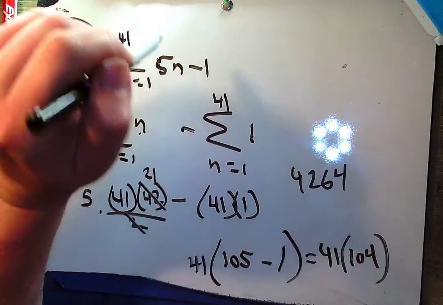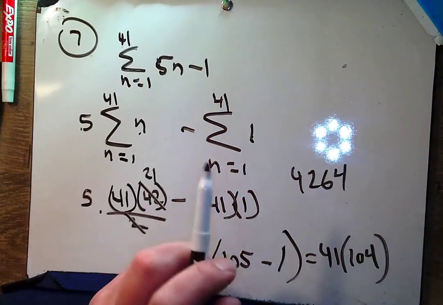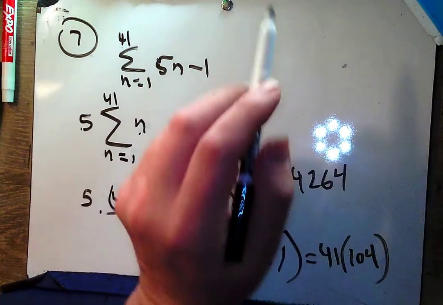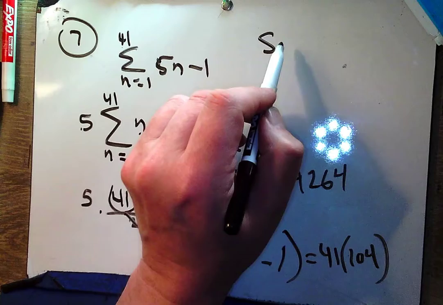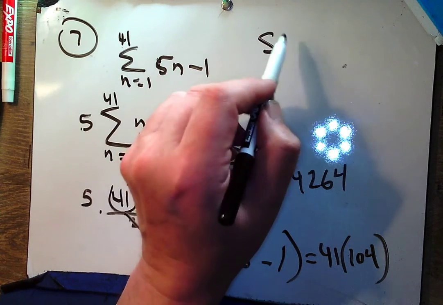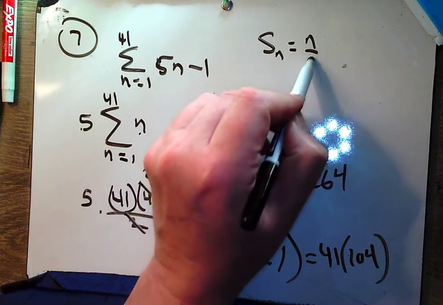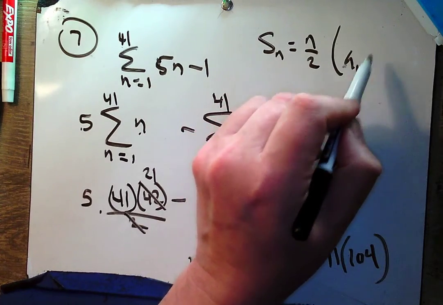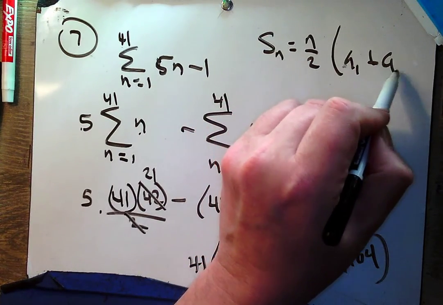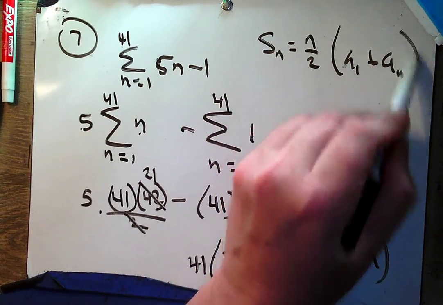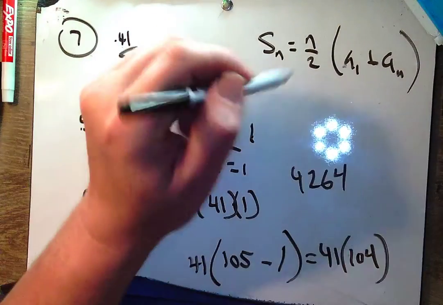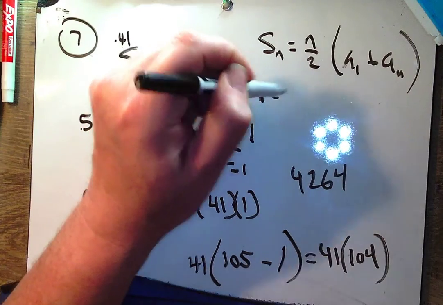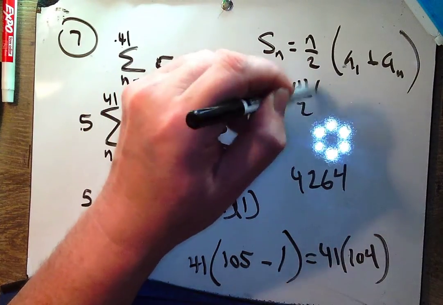Okay, so let's think about our arithmetic sum formula. Remember, we have that arithmetic sum formula. S sub n is n over 2 times a sub 1 plus a sub n. Looks like our n is 41. So S 41 is 41 over 2.